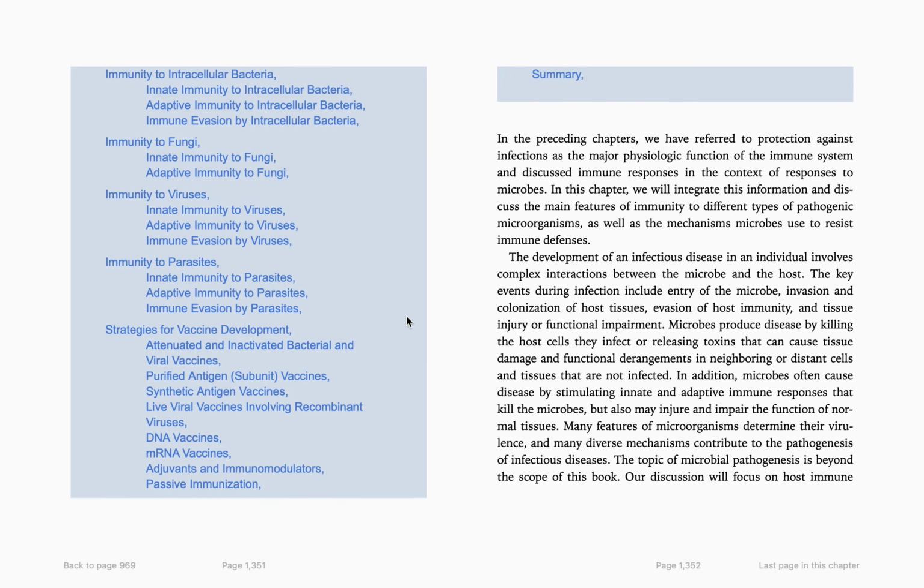We'll discuss further immunity to intracellular bacteria, innate and adaptive immunity, immunity to fungi, immunity to viruses, immunity to parasites, and strategy for vaccine development: attenuated and inactivated bacteria and viral vaccines, purified antigen, synthetic, live virus, DNA vaccine, messenger RNA vaccine, adjuvant, and other things that will be discussed.